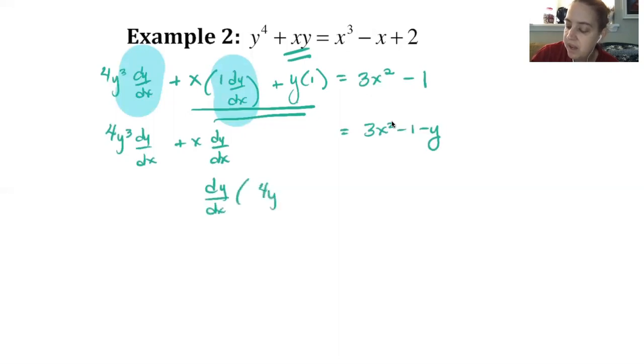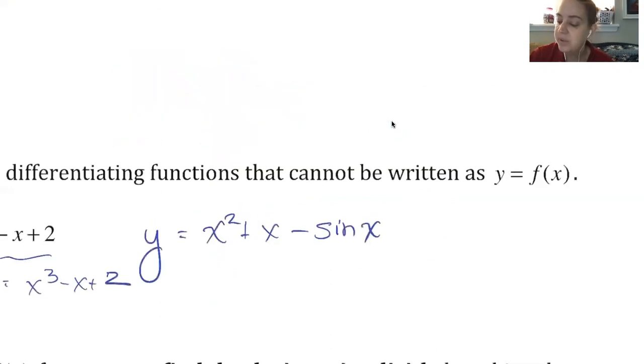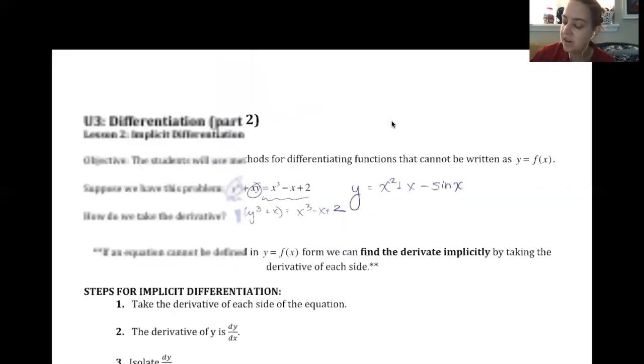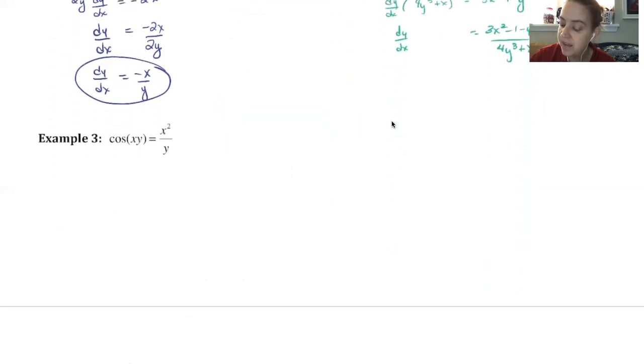I've got 4y cubed plus x equals 3x squared minus 1 minus y. Then I'm going to divide. dy dx is 3x squared minus 1 minus y over 4y cubed plus x. That's your derivative. So implicit differentiation, all of the other derivative rules still apply. You just have to include the dy over dx.